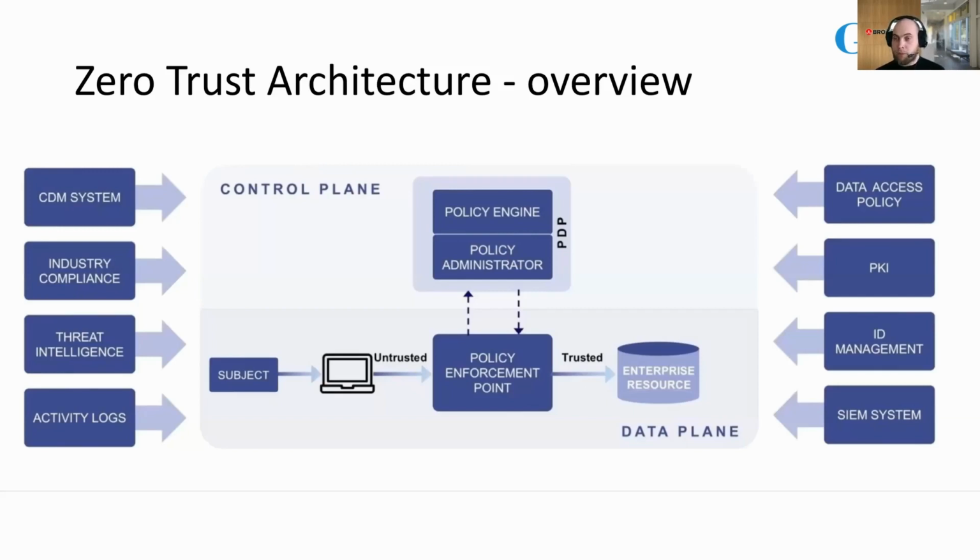To be able to do this, the data plane and the policy enforcement point communicate with the control plane. The control plane consists of 2 main parts: the policy engine and the policy administrator.